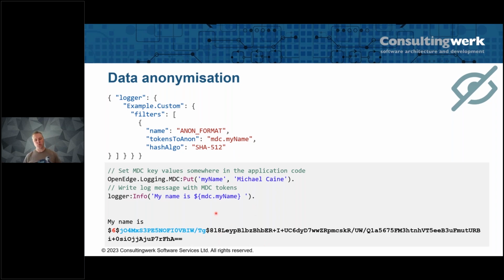So this is a one-way hash. Why is this useful? If somebody gets this value, they can tell it's a hash value, they know the crypt format, but they can't go backwards from this to Michael Caine. However, if you know that you've got a value called Michael Caine somewhere, you can go and look in your log files for this value, this 818 LEY, blah, blah, because you know the algorithm, the salt, and the value.